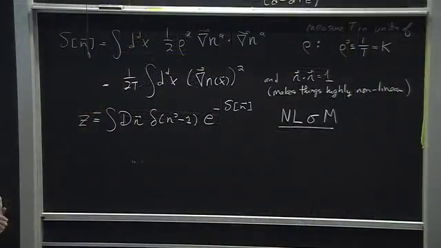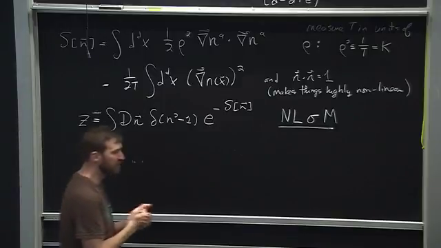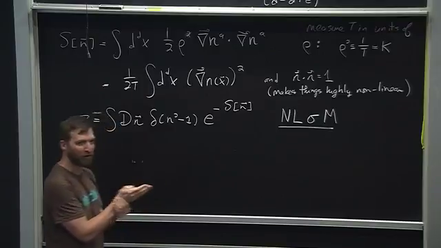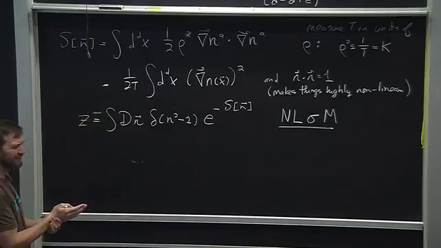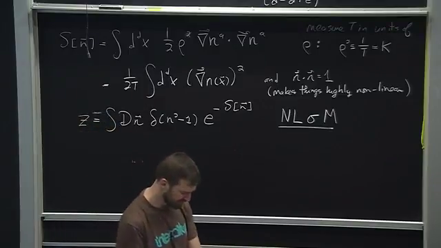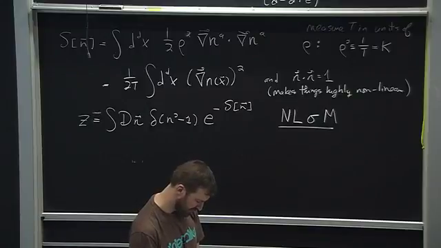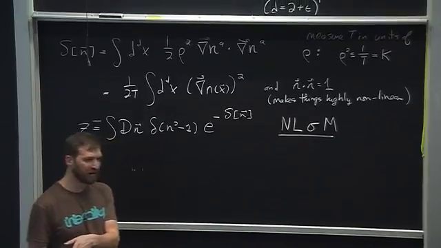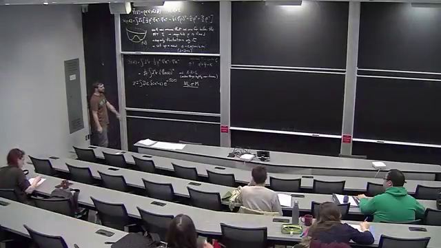Okay, so what we're going to do now is assume an ordering direction like we did before. Remember, n was 1, 0, 0, 0, 0, and we had fluctuations in the field.